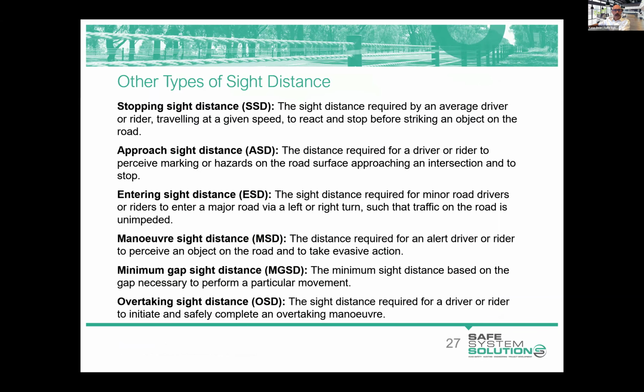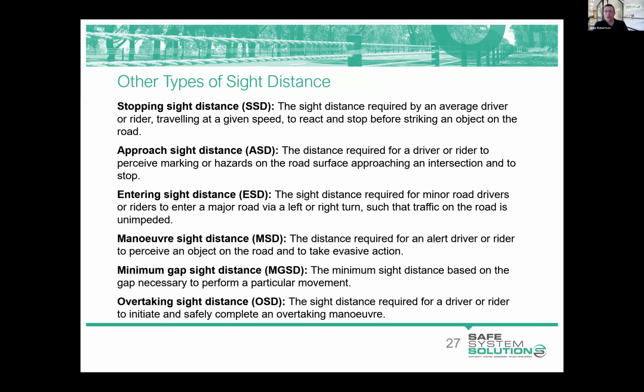Thanks, Jamie. This slide lists a number of sight distance types, some mandatory requirements, some nice to haves. Stopping sight distance is your most basic sight distance requirement, and that's measured from a driver eye height to an object on the road with an assumed height of 200 mil.